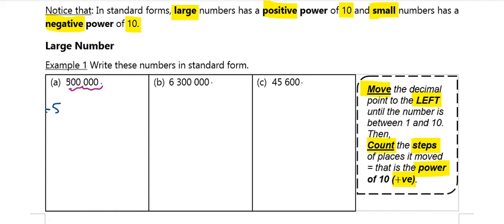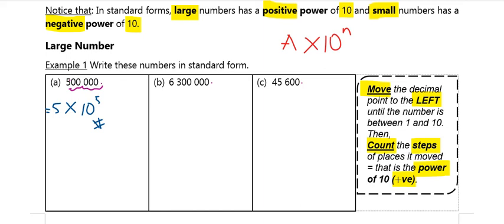Then you multiply with 10 and put the power of 10 according to the steps. Here 1, 2, 3, 4, 5, so this is actually 5 times 10 power 5. Let me write down the format over here: a times 10 power n. Your a should be less than 10. Let's proceed to the next one.